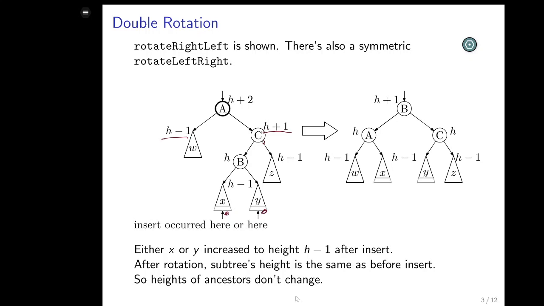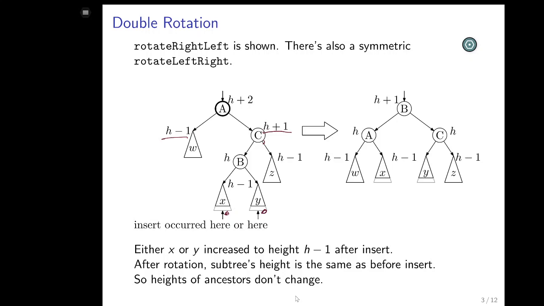Did you say that it causes the height of B to increase when you do the insertion? Yeah. So are X and Y both the same height after the insertion? No, the insertion will only occur in one of X and Y. And that insertion causes one of X or Y to increase in height.